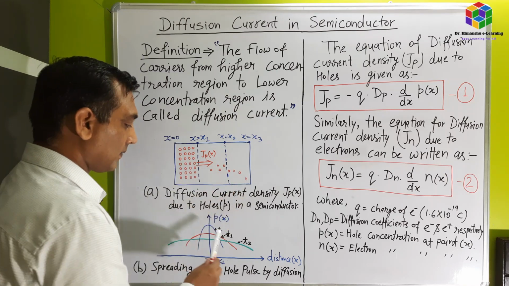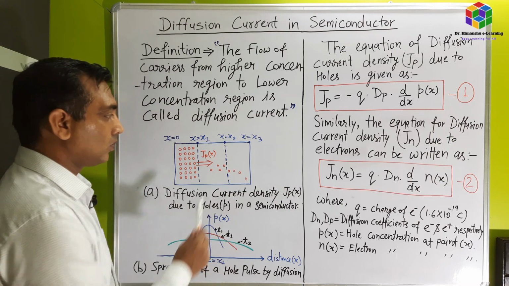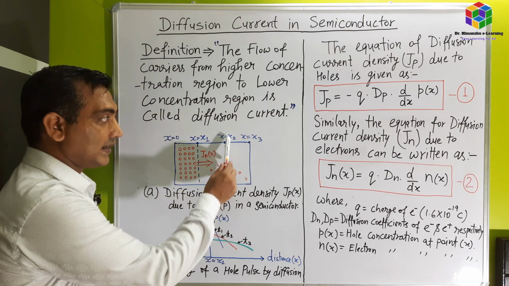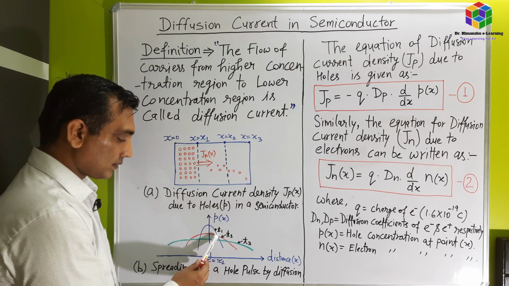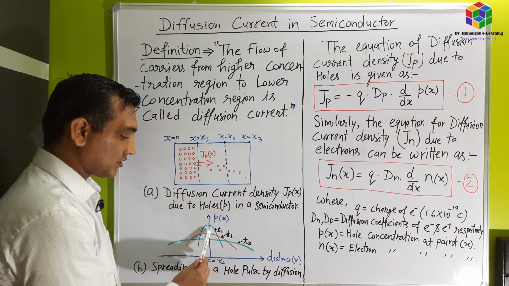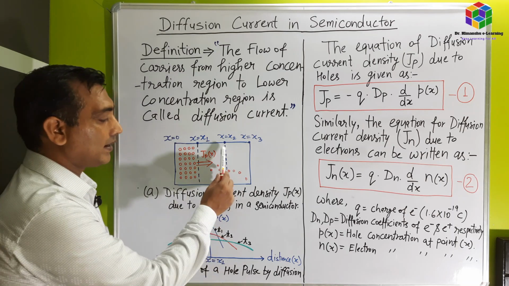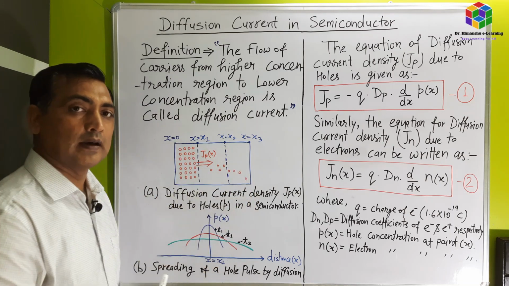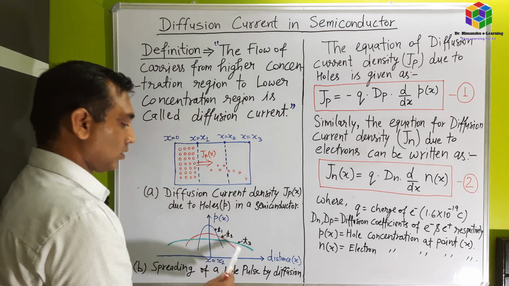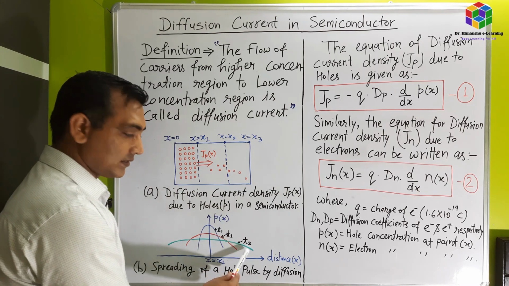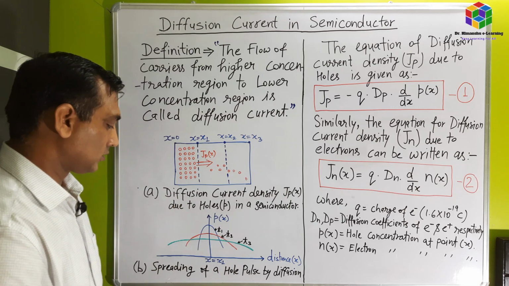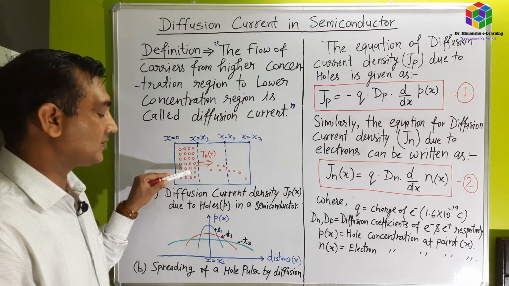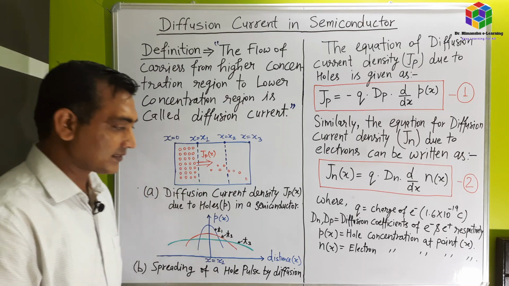So at time instant t2, the holes will reach a distance x equal to x2, and the carrier concentration will decrease. After a certain time, all these holes will get equally spread throughout the semiconductor. This time instant is denoted by t3. So this diagram shows the time-wise conditions inside the semiconductor.